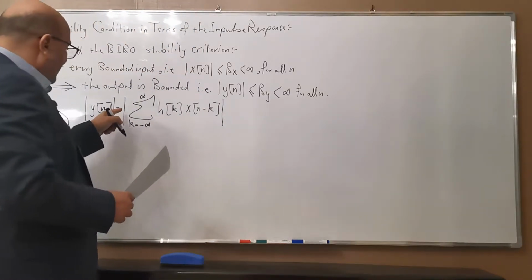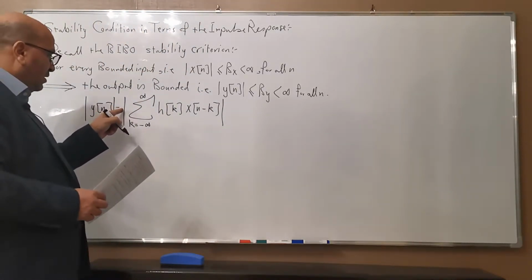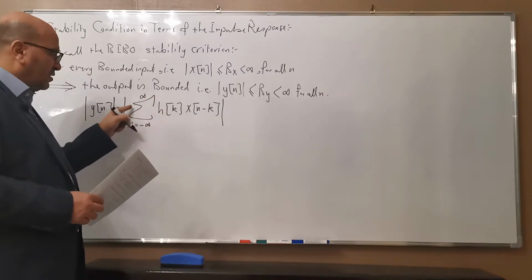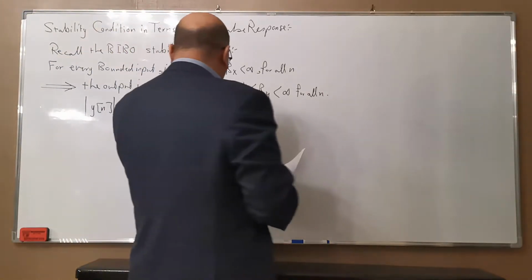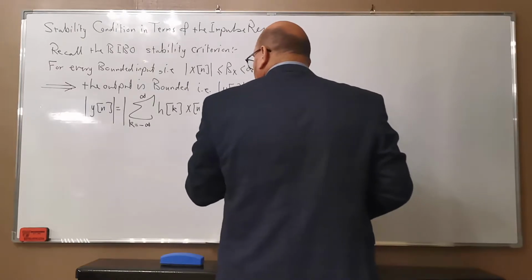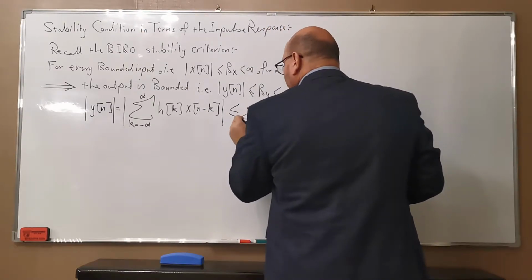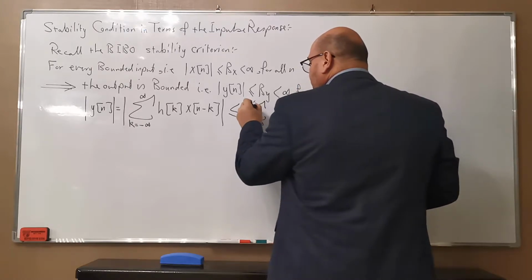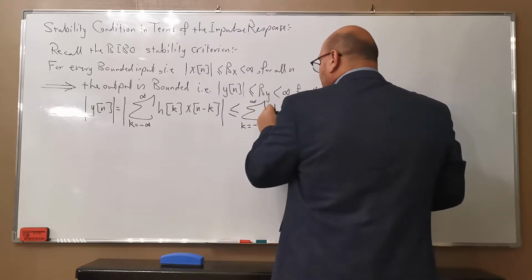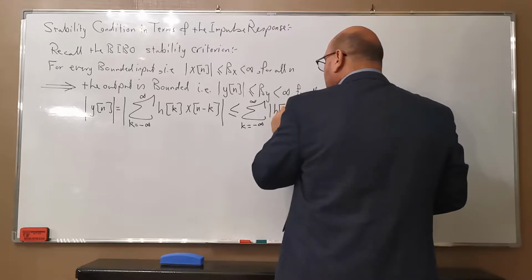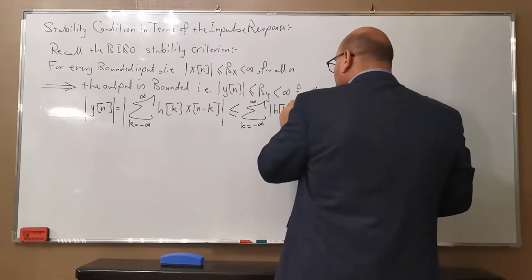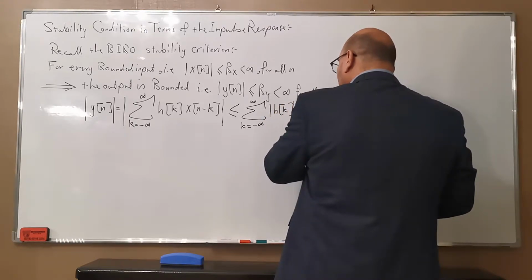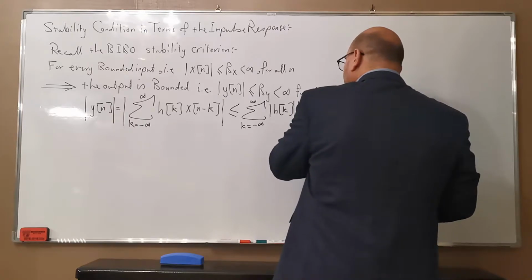Now, if I am going to take the absolute value inside the summation, then we have an inequality like this. So you have summation from k equals minus infinity to infinity, absolute value of h of k times the absolute value of x of n minus k.